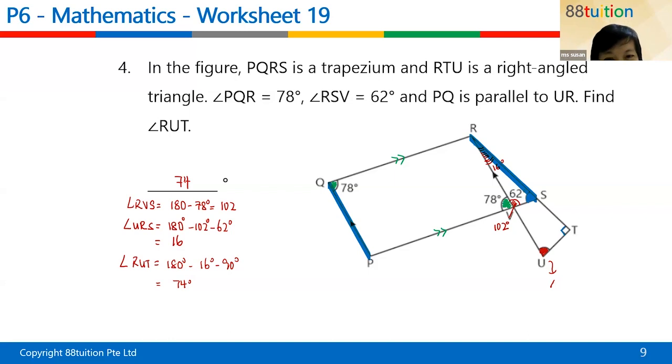Oh, okay, Mo. You have to be very careful because the 62 is actually this 62. Let me write in blue. Okay, I got what you mean already. This 62 is for angle RSV. Don't mistake it, it's not this 62, because 78 plus 62 will not give you 180, right? I see the straight line, then I minus the 62, then I get the UST.